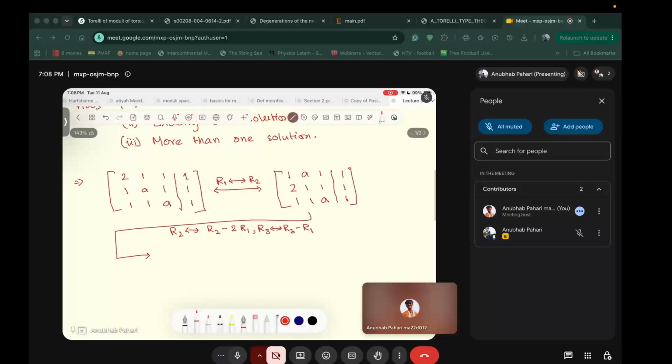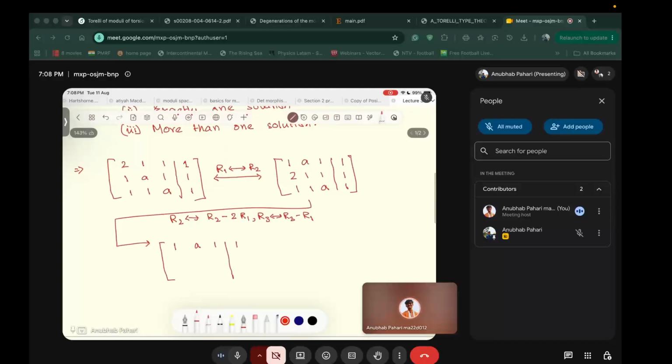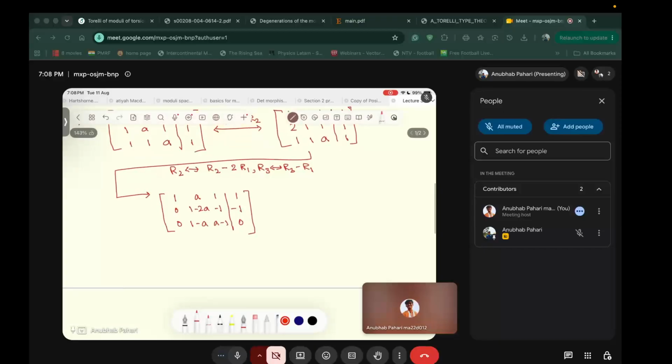This way you keep your first row as it is, 1 a 1 1, and the second row will be 0, 1 minus 2a, minus 1, minus 1, and the last row is 0, 1 minus a, 0, minus 1, that is, 1 minus a times y minus z is 0.